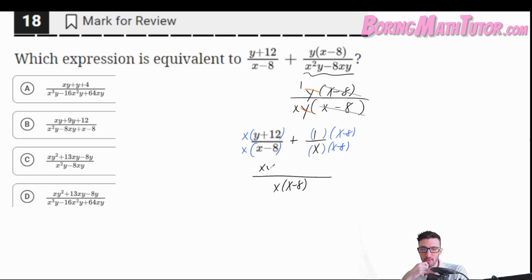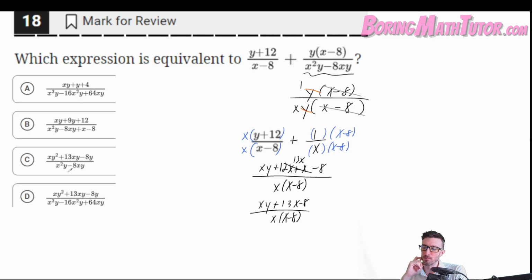Up top, I'll have a xy plus 12x plus x minus 8. 12x plus x is 13x. Okay, so I'm in pretty decent shape here where I'm up to xy plus 13x minus 8 over x times x minus 8. The problem is none of my denominators are x times x minus 8.